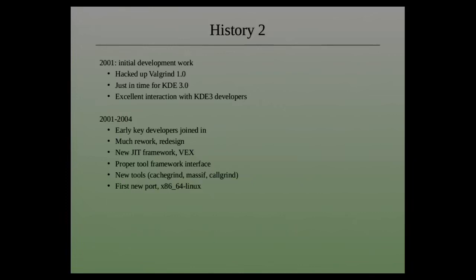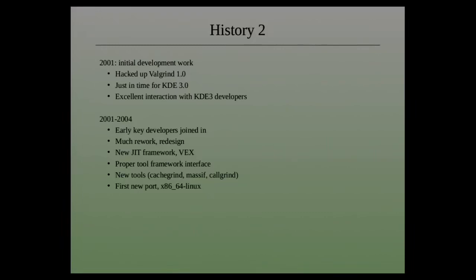And we also got, from one of the key early developers, a proper tool interface. So it used to be just one lump of code which did memory checking. It then got partitioned into the Valgrind core with a clean interface, so you can build tools on top of that, and the tools are relatively simple. So the new tools were CacheGrind, a cache simulator, which is still there.